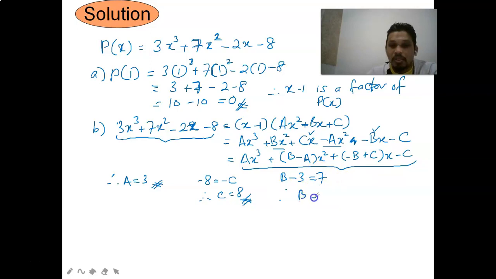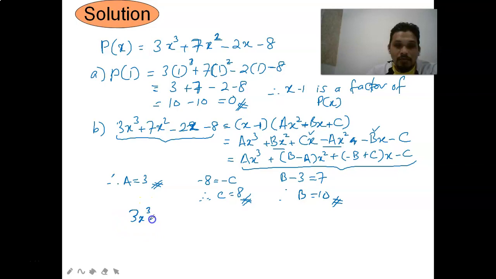Then b equals 10. And also b equals 10, c equals 8, so negative 10 plus 8 equals negative 2. Clear that.